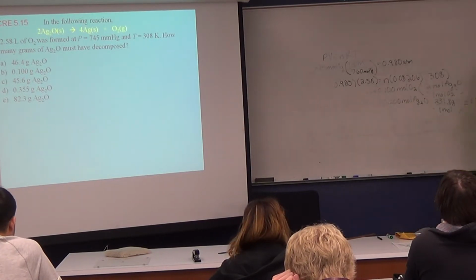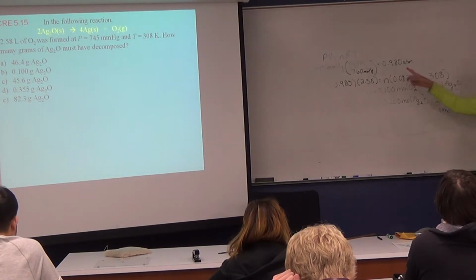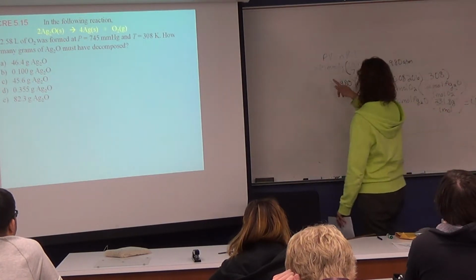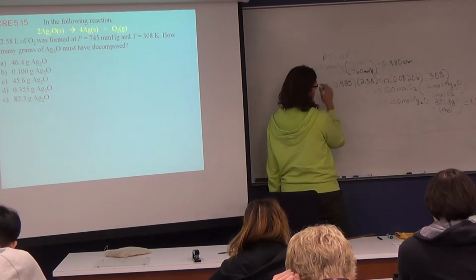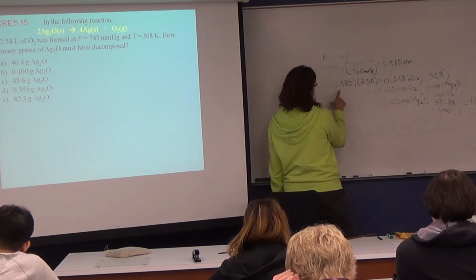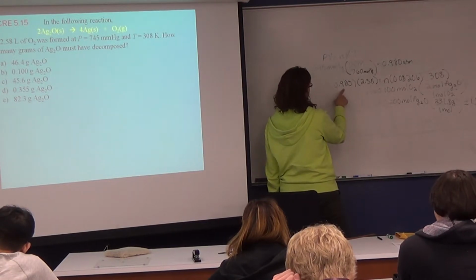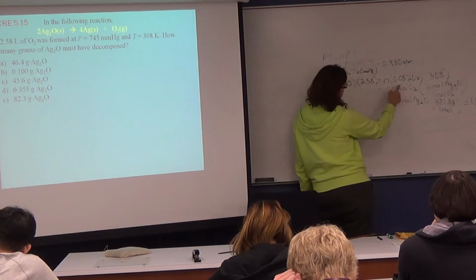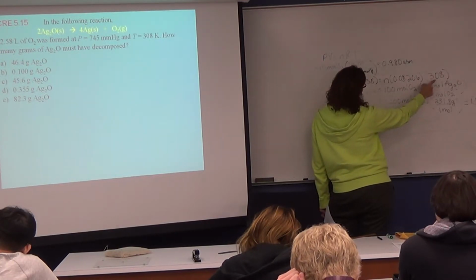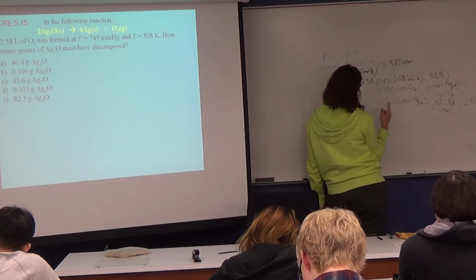Okay. Explain from the beginning, step by step, how you did it. Oh, I just did PV equals nRT. So you had to convert the millimeters of mercury to atmosphere, so you have to divide by 760. And then for the pressure, you plug that in for your P, your volume was given. You're looking for moles, your R, your temperature is in Kelvin already.